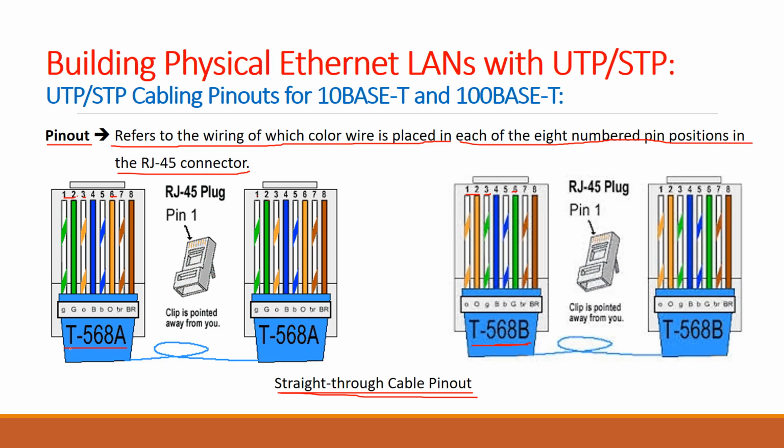So in this standard, 1 to 1, 2 to 2, 3 to 3, 4 to 4, and so on until 8 to 8. And in the other standard, T568B, 1 to 1, 2 to 2, 3 to 3, and so on until 8 to 8. But the difference is in the 1 and 2 colors and 3 and 6 colors.